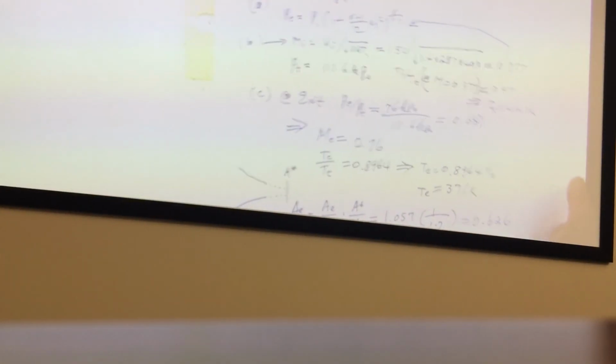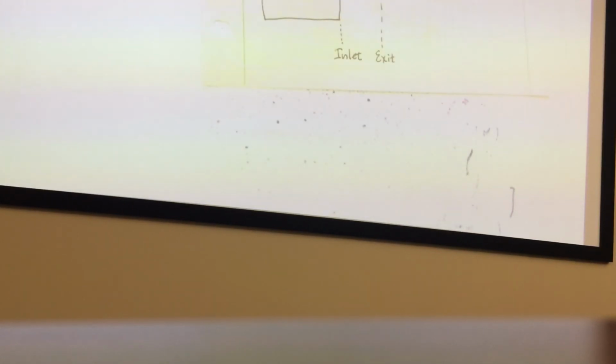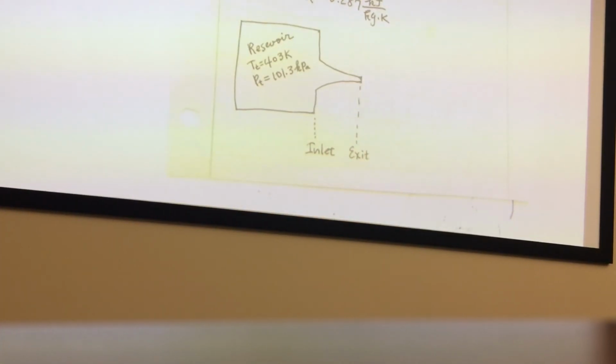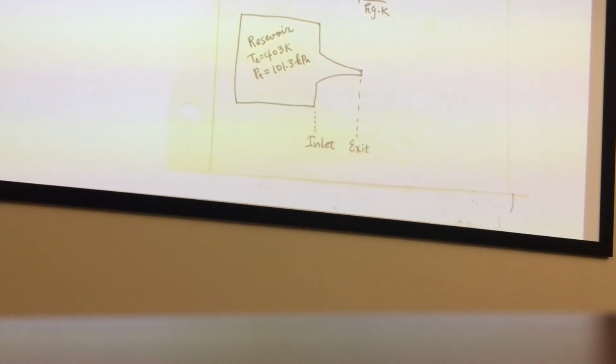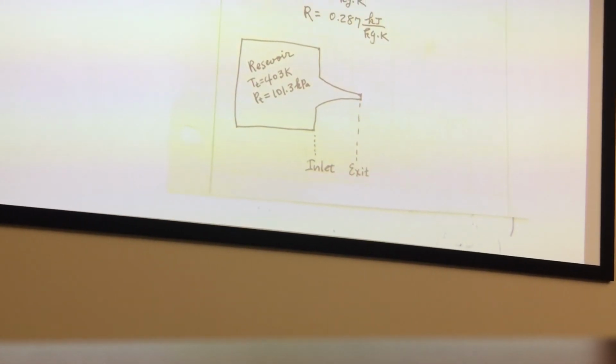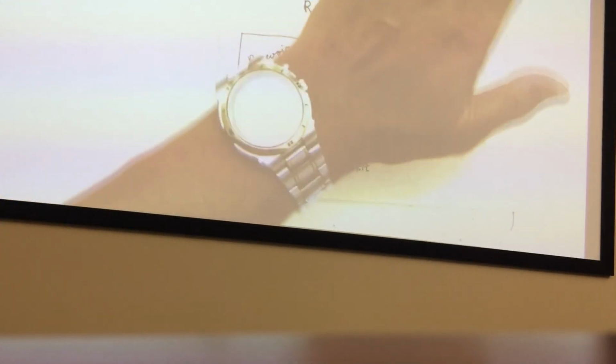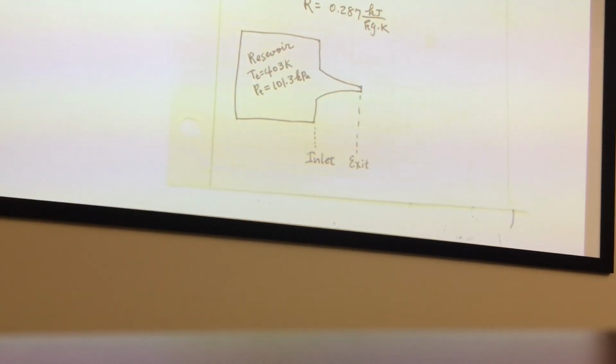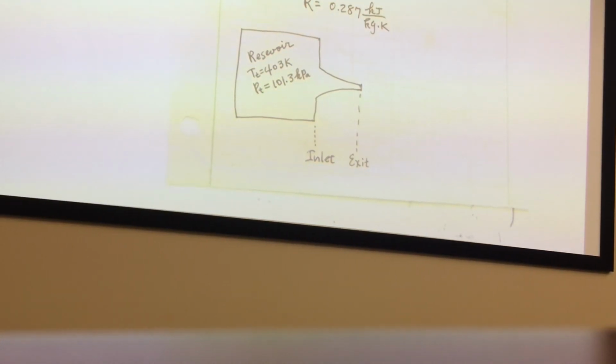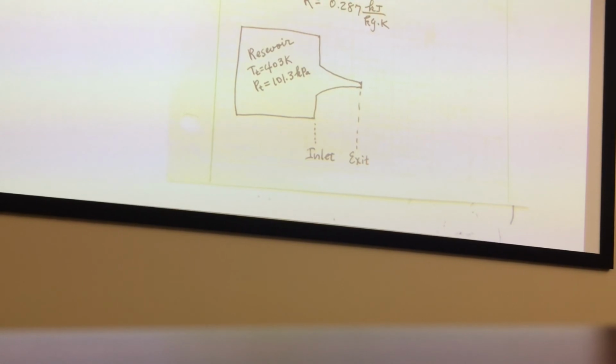Now, here's a different question. If let's say I want the Mach number to be equal to 1 at the exit, given everything the same at the inlet, what conditions would you have?